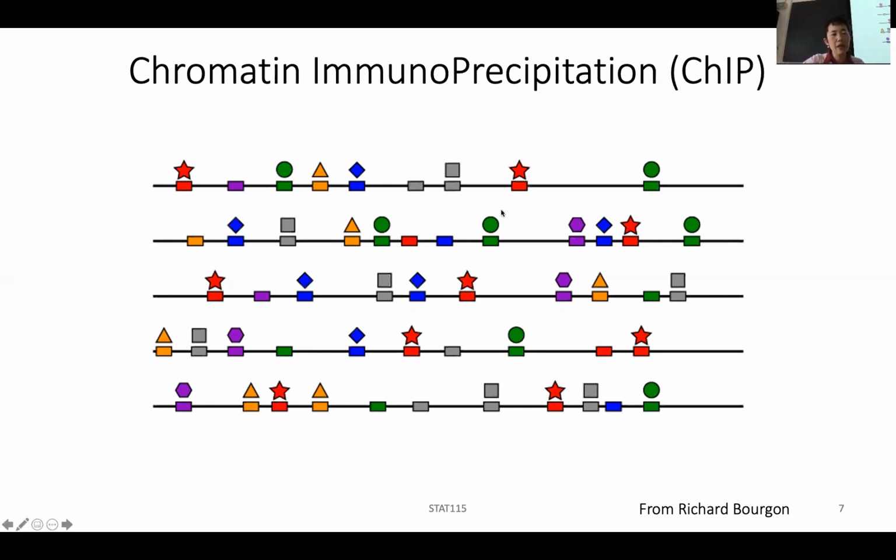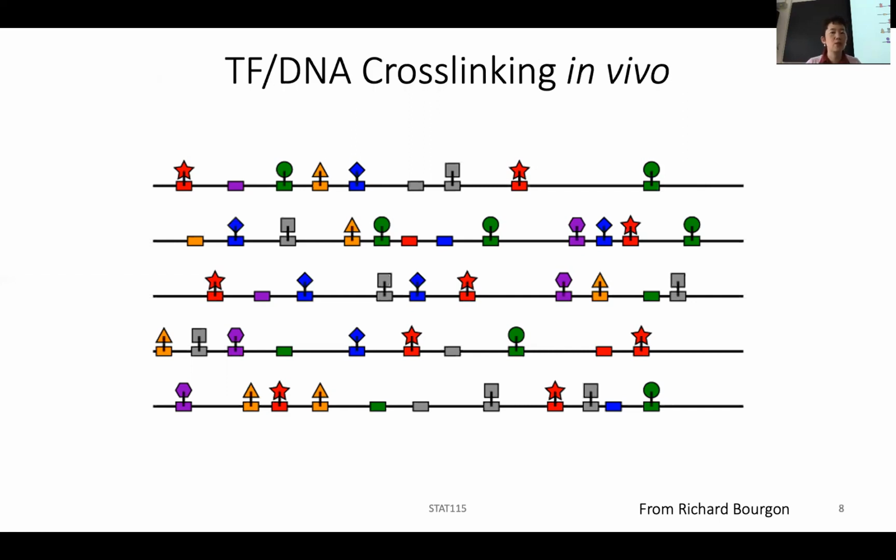And even in naturally occurring conditions, you just grow a cell in a petri dish, or you take cells from some individual tissues, there will be naturally occurring transcription factors that bind to the cis element. And so in the chromatin immunoprecipitation, the very first step you do is to do cross-linking. We use formaldehyde to cross-link the protein-DNA interaction. There's going to be a bond formed between the transcription factor and the DNA, a covalent bond.